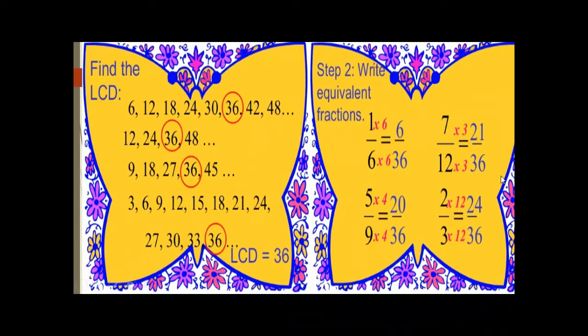If I have taken 3 with the denominator, I must take 3 with the numerator. If I have taken 12, I must take 12 in the numerator also. Okay, students, the number must be the same.